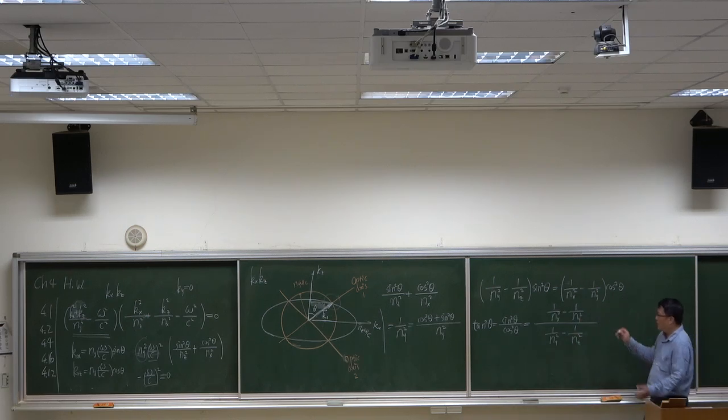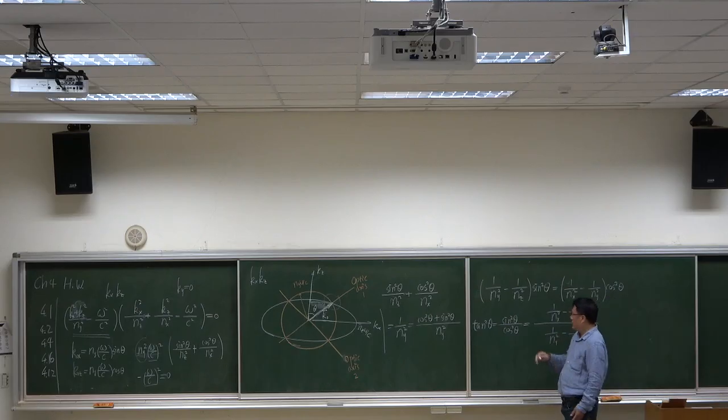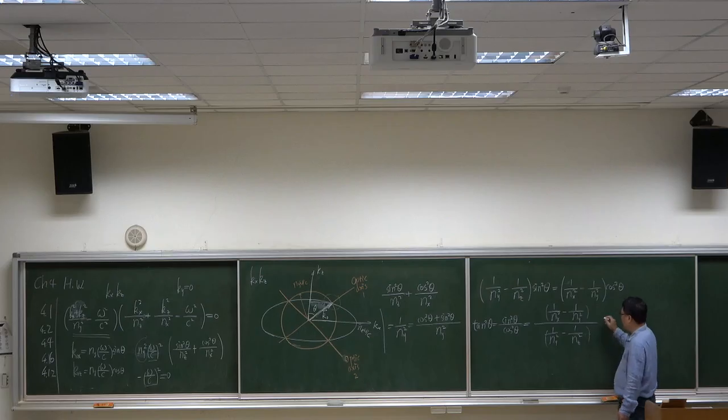And we can multiply the result by nx squared, ny squared, nz squared.